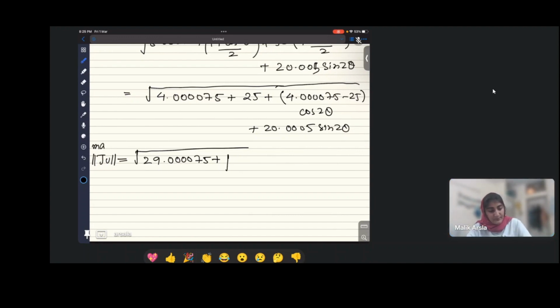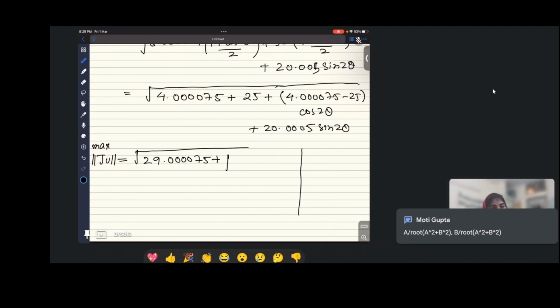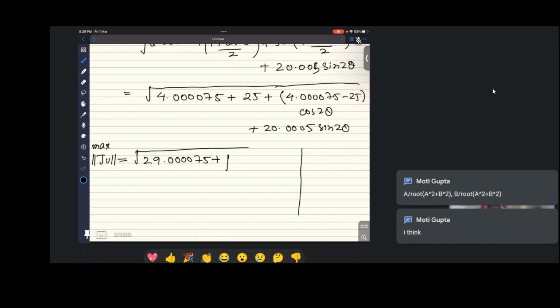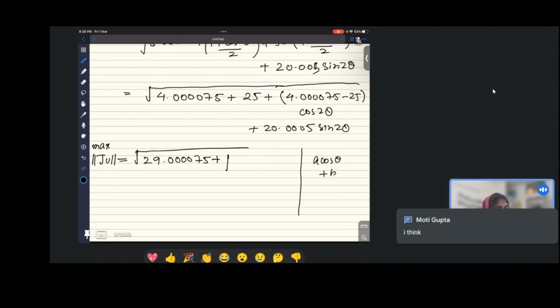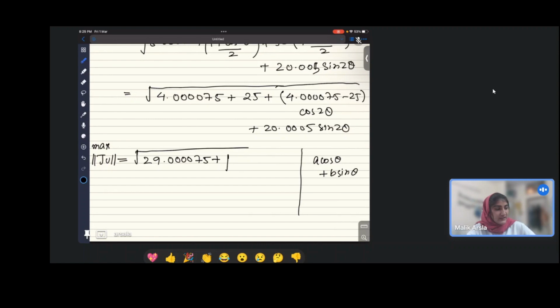The constant value will be maximum, yeah, but what is it equal to? If you have an expression like a cos theta plus b sine theta, then the maximum value is going to be under root of a square plus b square.